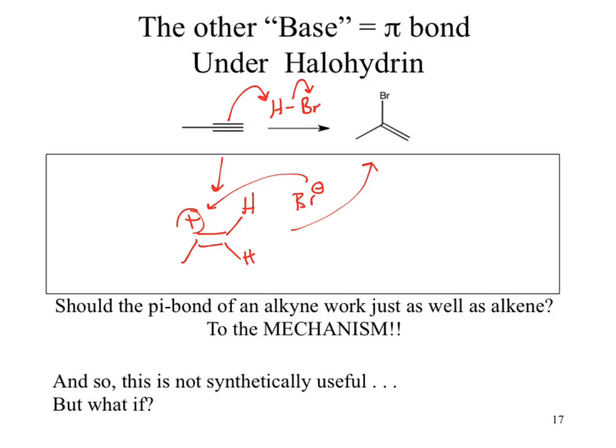Is there a problem with this intermediate? So what are you addressing? So ignore all of that. Let's look right there. And in fact, I'm going to redraw that in the middle.